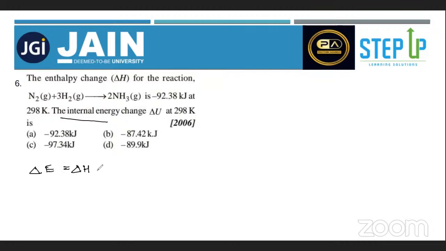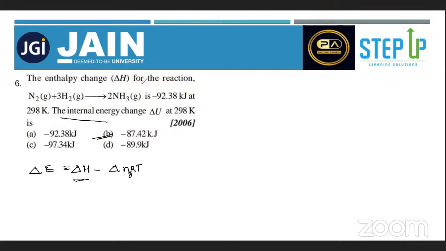In case of P delta V, instead of that, we can use delta nRT, where this n is basically the number of moles, change in the number of moles from product minus reactant, to find out the number of moles in gaseous state. So here you can see the gaseous state.